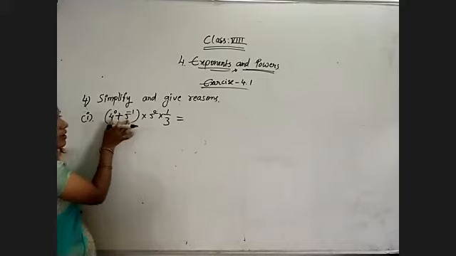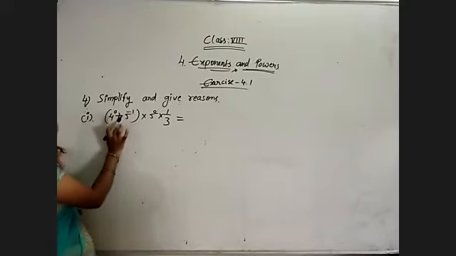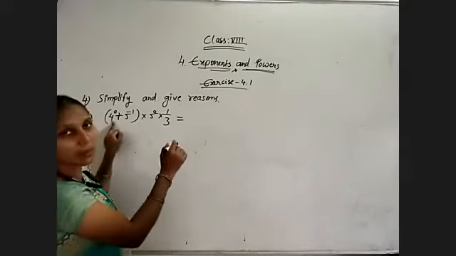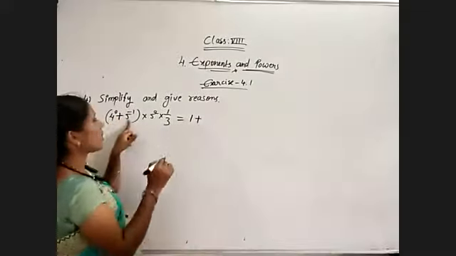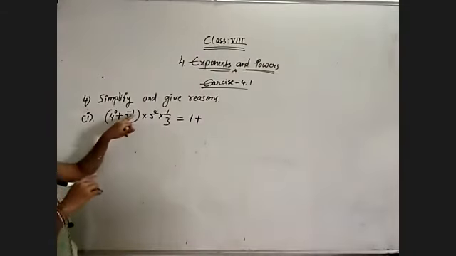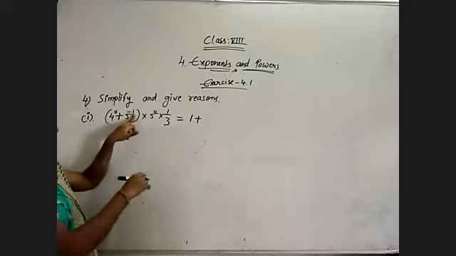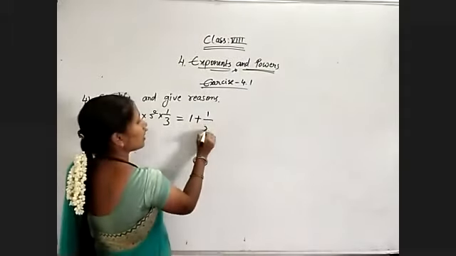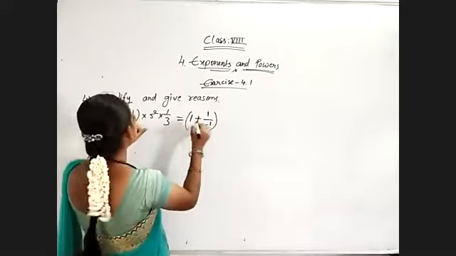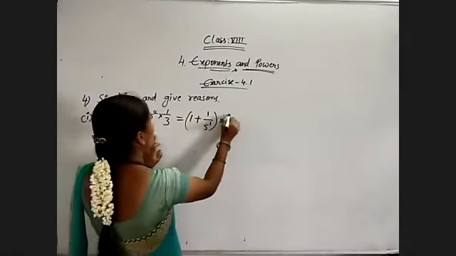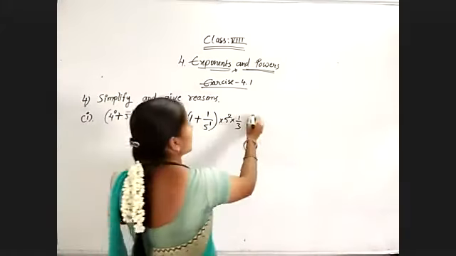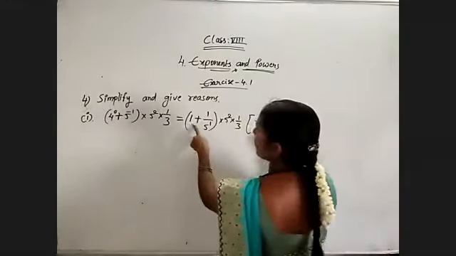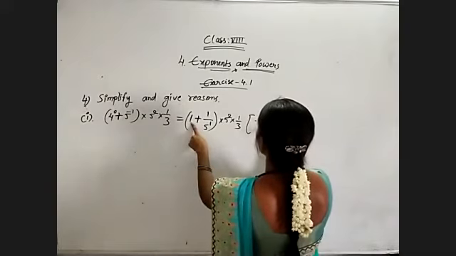First of all identify these values and add those two. 4 power 0, any power 0 is equal to what? 1. Plus 5 power minus 1, a power minus n, the exponent is negative, so that is 1 by a to the power of n, 1 by 5 to the power of 1, into 5 square into 1 by 3. So here I am not at all changing. And here which formulas have we used? For the first term we have used a power 0 is equal to 1.